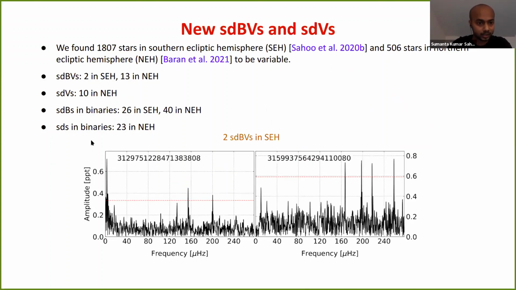I mentioned in this image, which I haven't put in the slides, around 26 SDB binaries in the south, 40 in the north, and 23 classified as SD binaries also in the north. So in total, more than 89. Then we have a comment from Stefan Geier, saying that he's working on the EDR3 catalog of subdwarfs, so there will be about 60,000 plus targets.